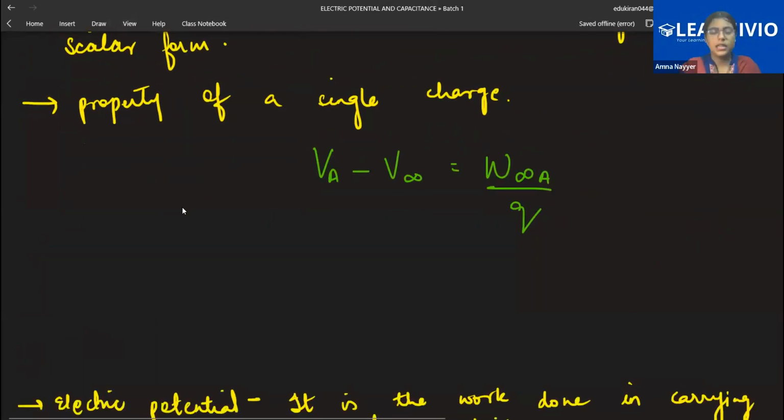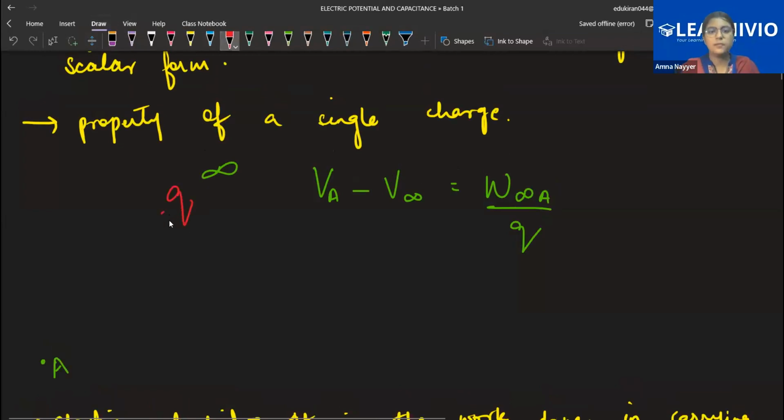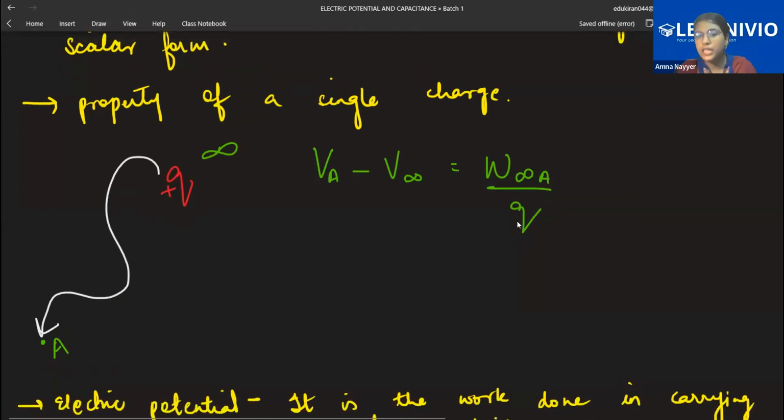Now see, if I have a point, this is infinity, and this is a point A. And now I have a charge which is plus q. Now, if I bring this plus q from infinity to this point A, so I can say that the change in potential is basically the work done per unit charge to bring this charge from infinity to point A. So this difference is called the potential.